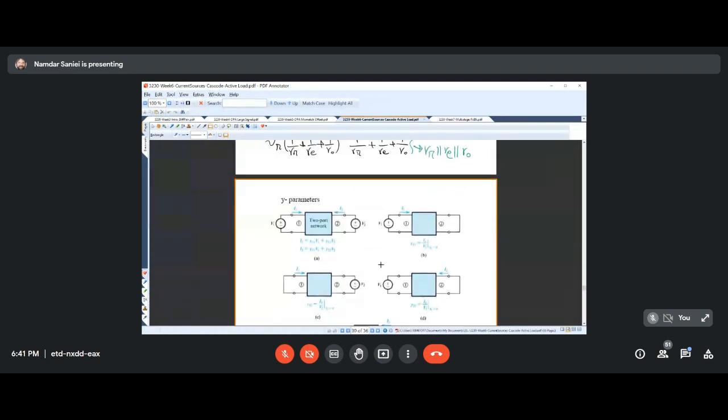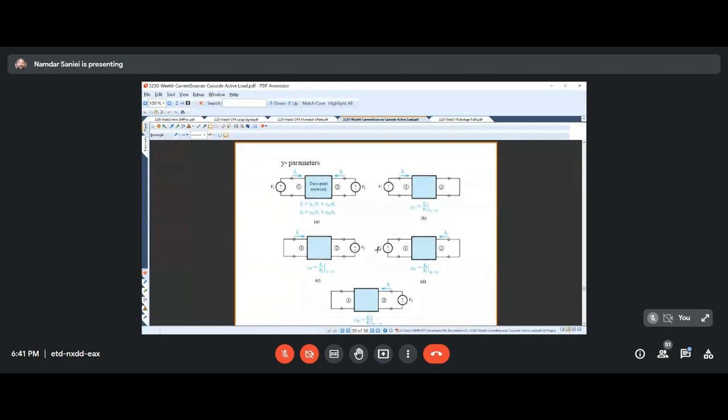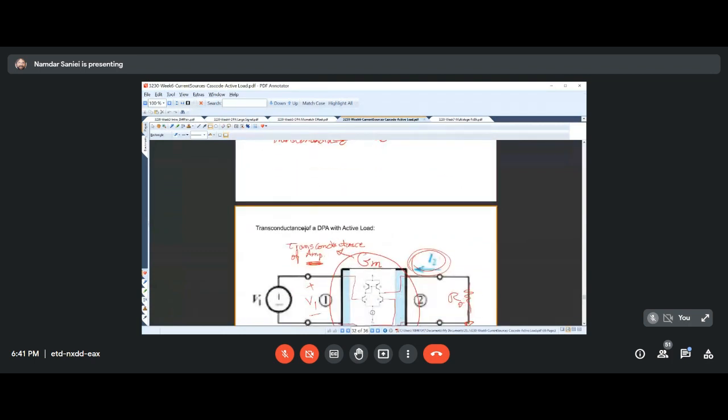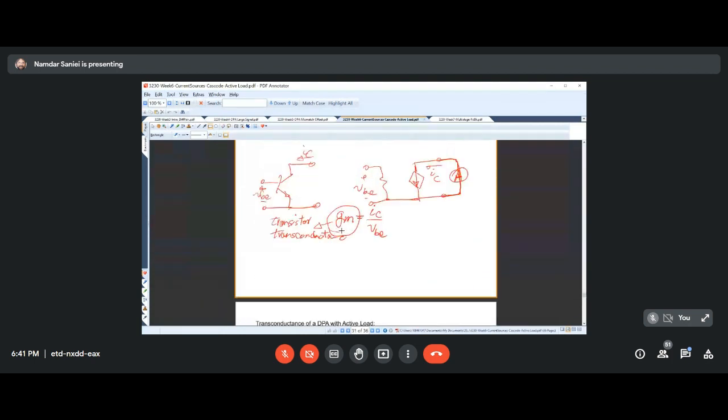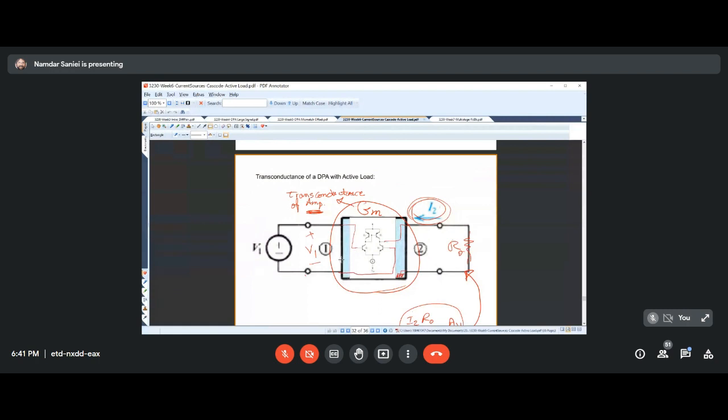And then we had to introduce Y parameters in order to find the gain of this amplifier. And for that, we needed to find a GM, just like a transistor, where GM would transfer the effect of the voltage on the input to a current on the output. We had to find a GM for this whole circuit.